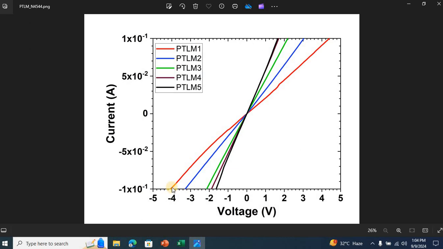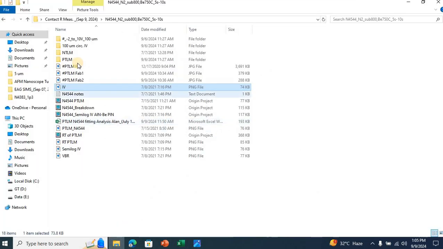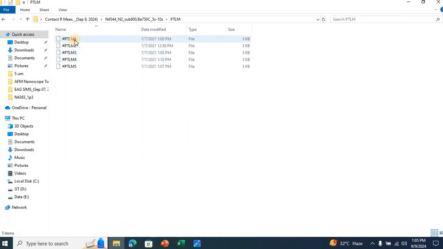How do I measure the resistance? It's the change in voltage divided by the change in current. I can look at these figures and make a guess, but I have also measured these voltages and currents.